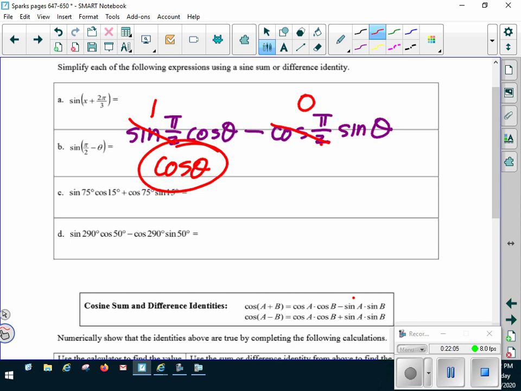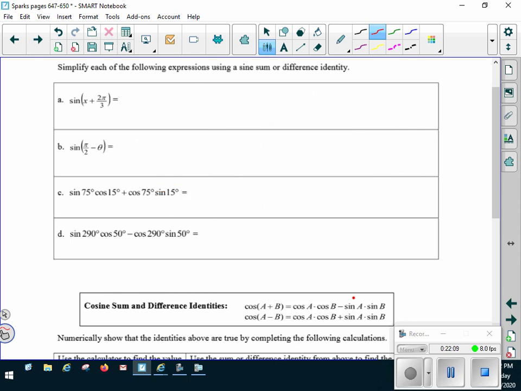Let's go to C. We're going backwards. We're going from what we had over here back to here. Our trig functions here are different, so we know it's sine. We also know it's sine because that's the only one you've done.